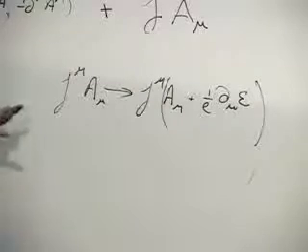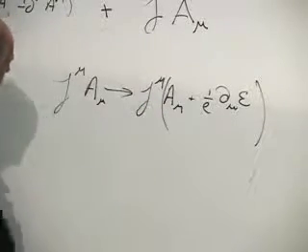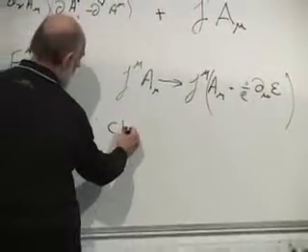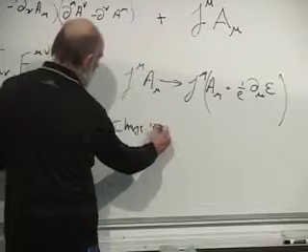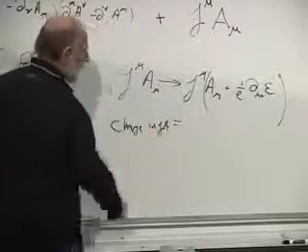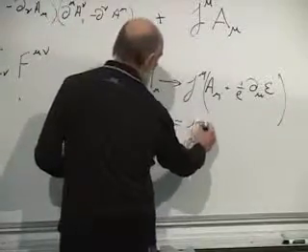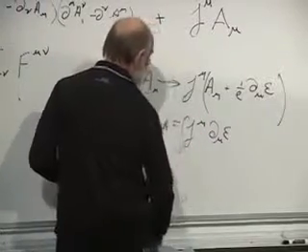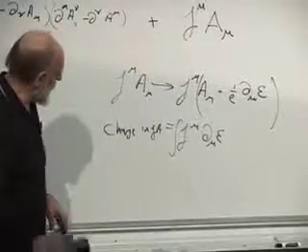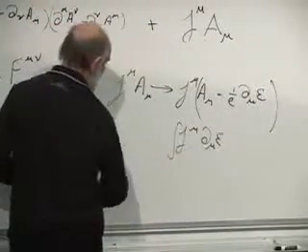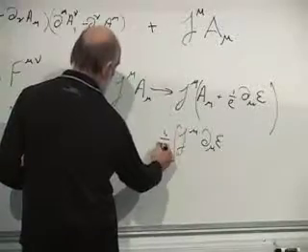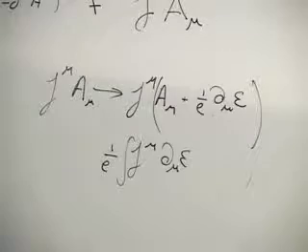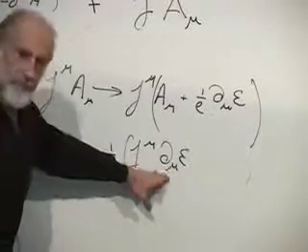In other words, the change in J mu A mu is J mu d mu epsilon, with a 1 over electric charge. So the answer is, it's not gauge invariant. It has changed by this much.